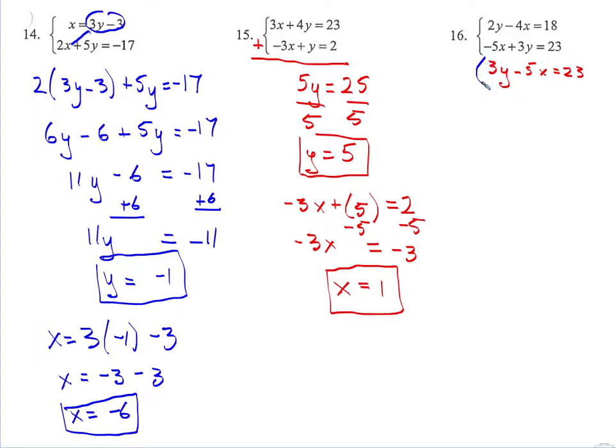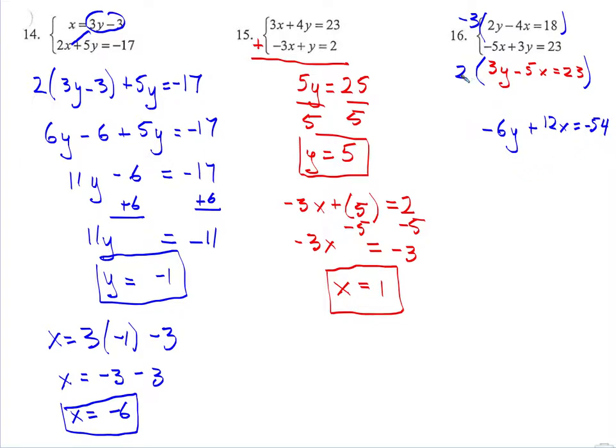So if I multiply this whole thing by 2 and this whole thing by negative 3, then my new equations become, this negative 3 is going to be negative 6y plus 12x is equal to, what's 18 times 3? I think it's negative 54.